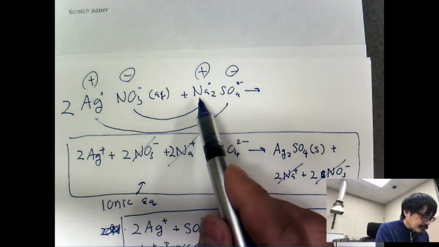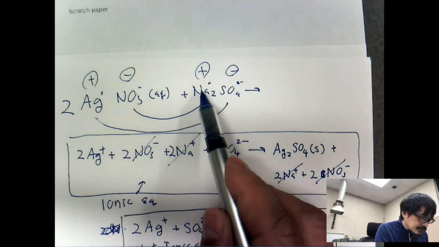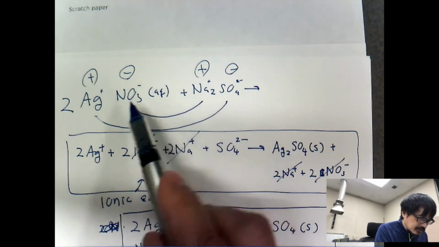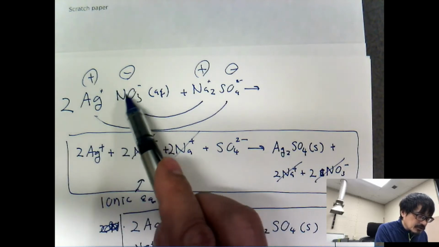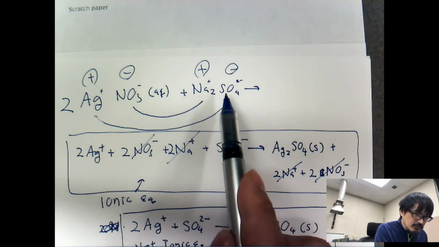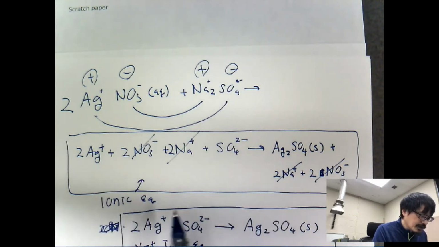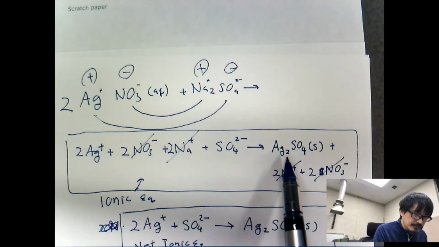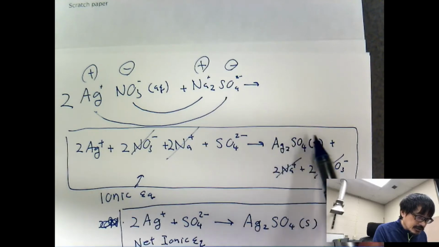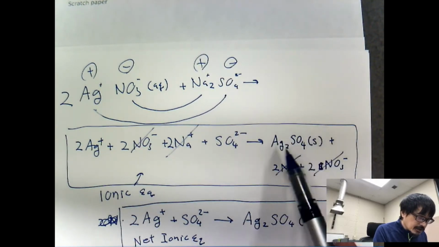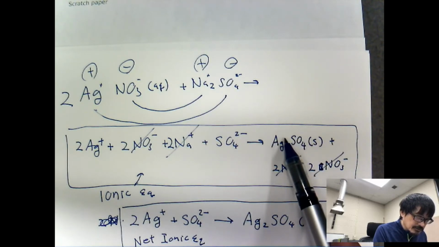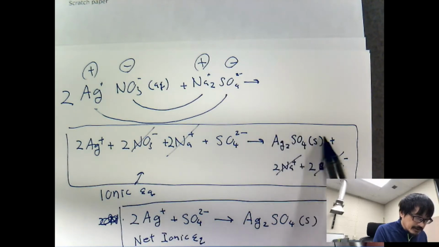So Na plus, which used to pair up with SO4, has to pair up with NO3. Ag used to pair up with NO3, changes the pairs, and then forms AgSO4, okay? And then you just balance the charges. That will make 2 here, right? Because SO4 2 minus, Ag plus. All of these things end up neutral, right? That means that with the 2 negative charge, I have to have another positive to make it neutral here.